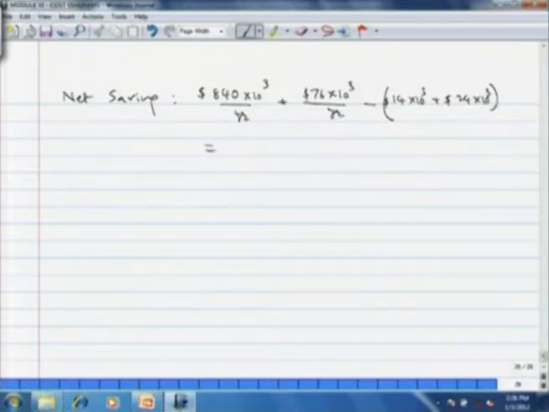So, the net saving is $878,000 annually, which is significantly large quantity, so as to consider this alternative and go for more detailed calculations.